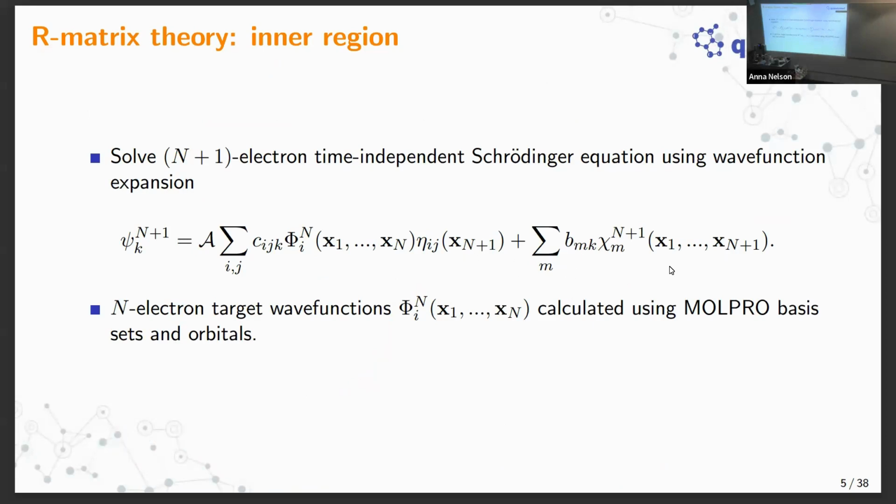And then the second term is an attempt to capture correlation effects. So this is a function of not just the N electrons of the target, but also of the N+1 electrons. So with this one, you can create some sort of correlation effect between the scattering electron and the target electrons. And MolPro here is used to generate the target basis sets and orbitals for the target.